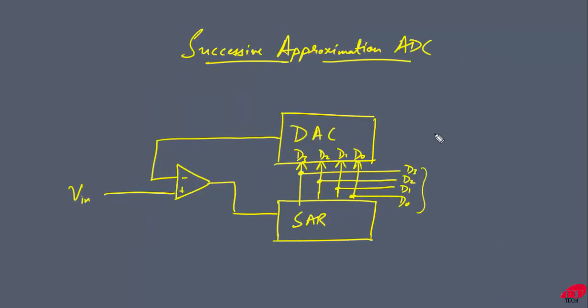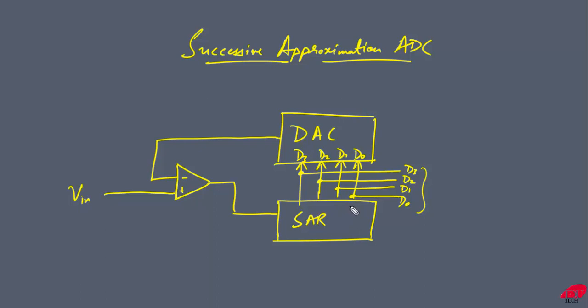Now, as we understood the successive approximation algorithm, let us understand what a successive approximation ADC is. This is the main block, the successive approximation register, and as you can see on your screen, there are four outputs taken from it. The output of the successive approximation register depends on the resolution of the ADC.